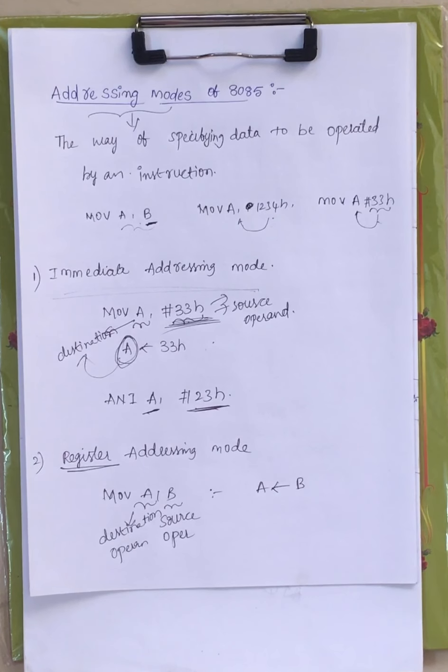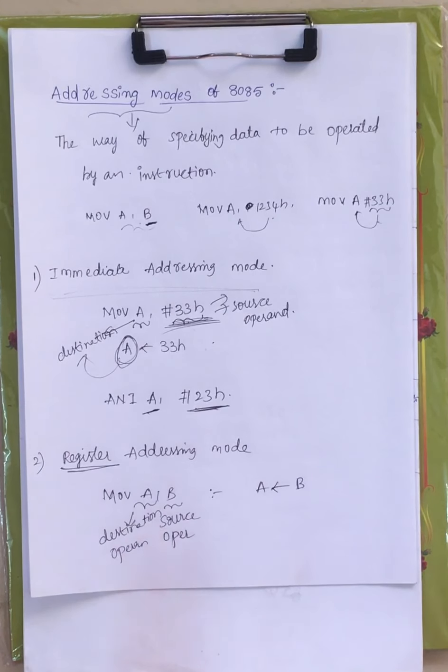In any instruction of 8085, that may be data transfer, arithmetic, logical, branch control group, stack instruction, IO instruction or machine control group of instruction, if the source operand is register, all those instructions will come under register addressing.